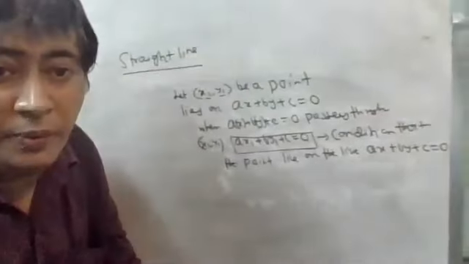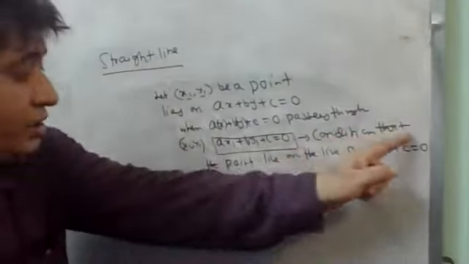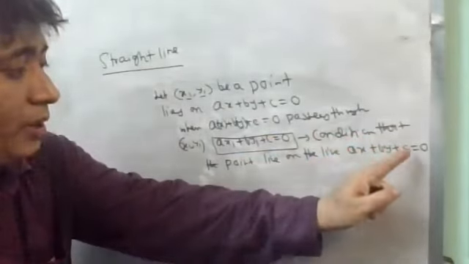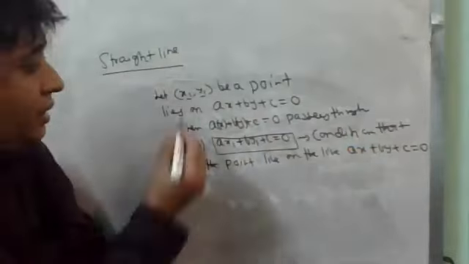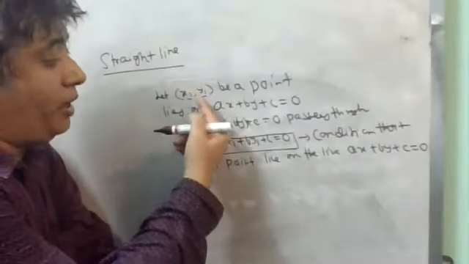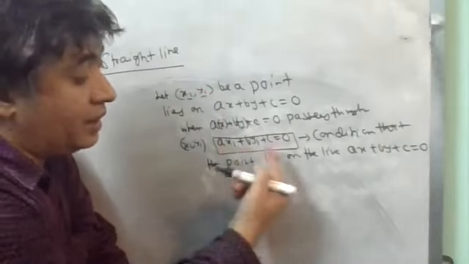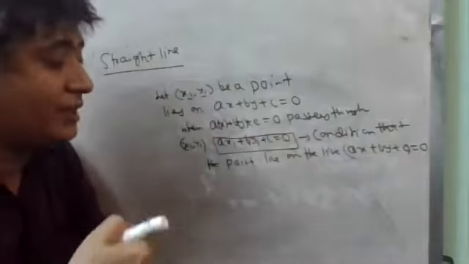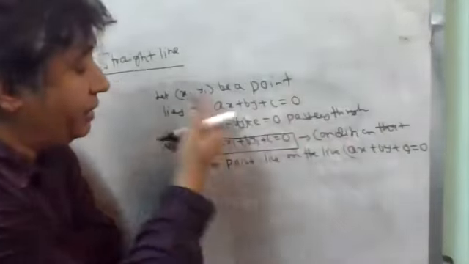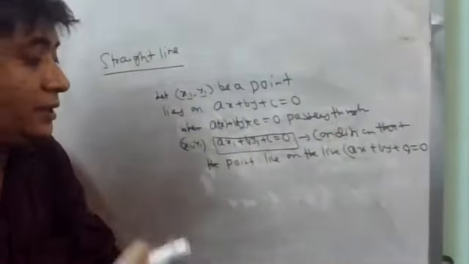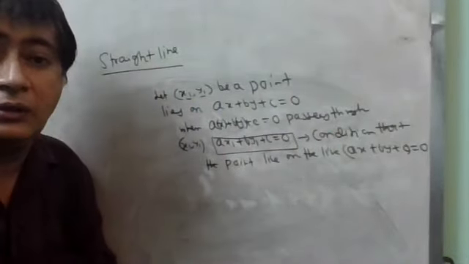If you put the x component and y component in this linear expression and you get 0, then we can say the line is satisfied by the point, and that is the condition that the point lies on the line.